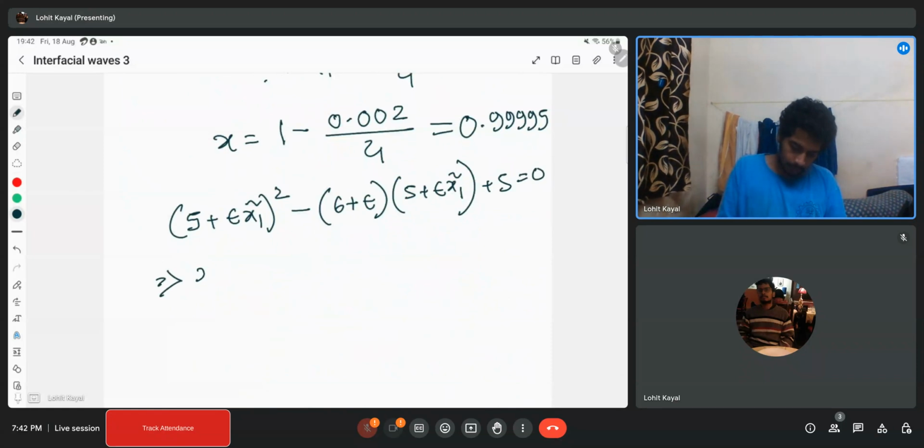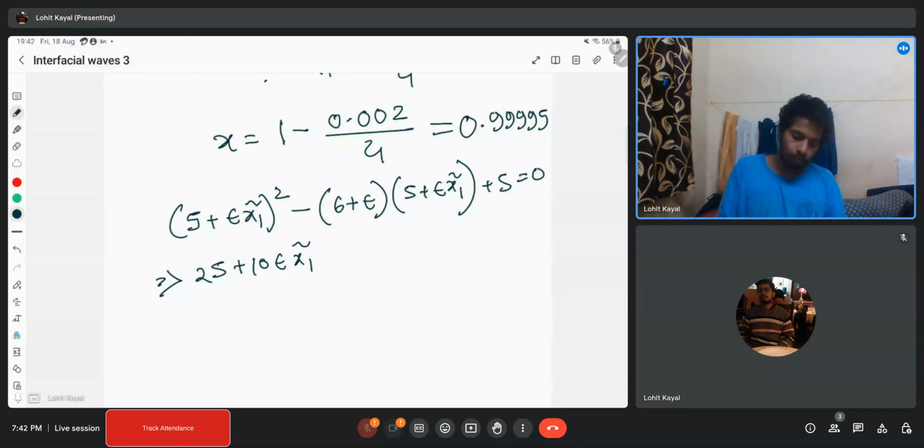This implies 25 plus 10 epsilon x1 tilde, because 2 into 5 into epsilon x1 tilde, and the other term is of order epsilon squared, so we are ignoring it.